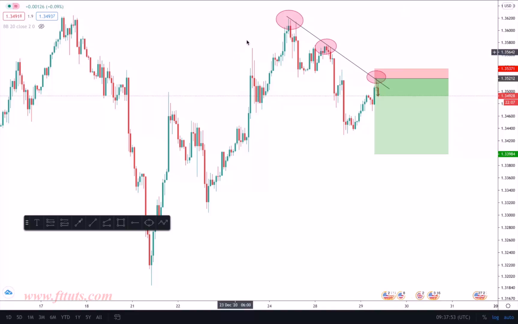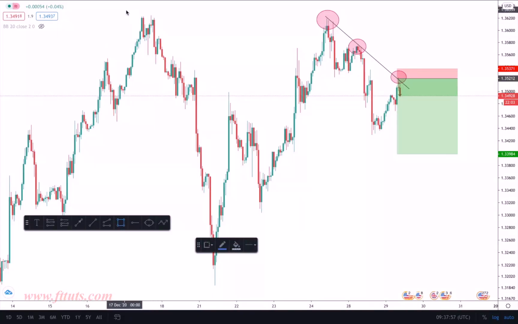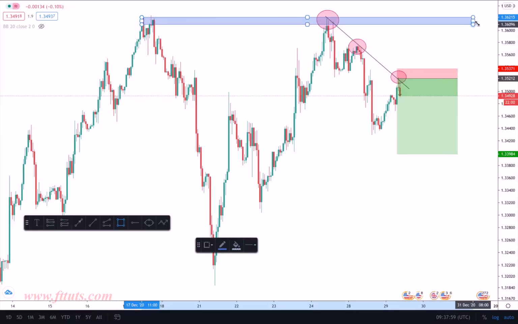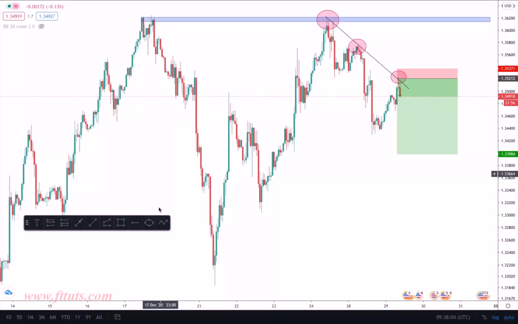Now you've got your main resistance here. If you figure out your support and resistance the normal way you analyze the market, this is your support resistance here at this point. You've got another support resistance here, and again at this point.